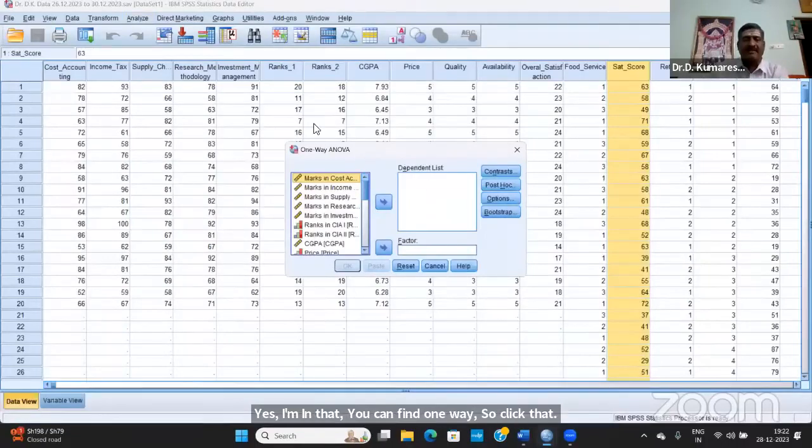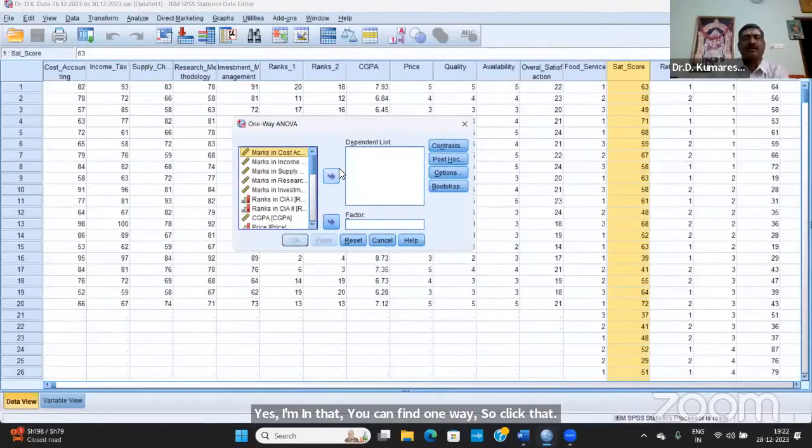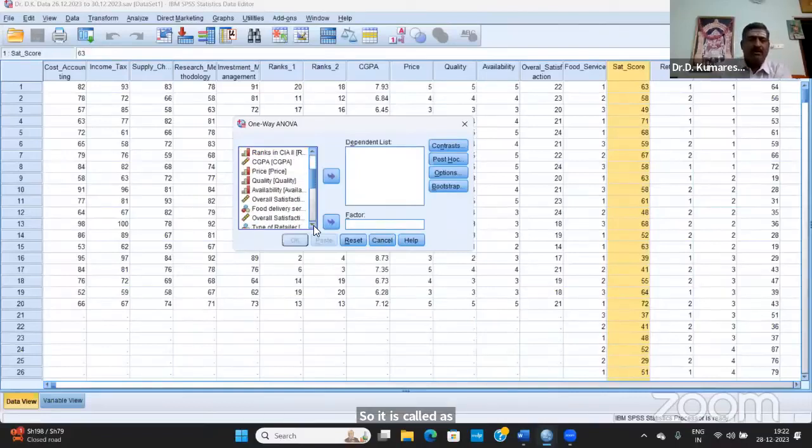A window appears like this. Only the dependent list is given. Here, the independent variable is called as factor. So the overall satisfaction score is the dependent.